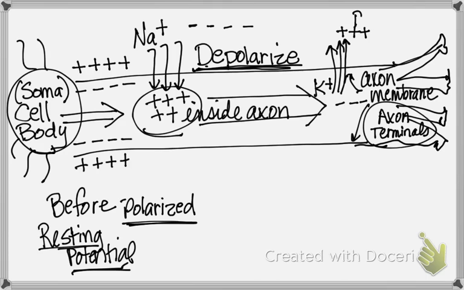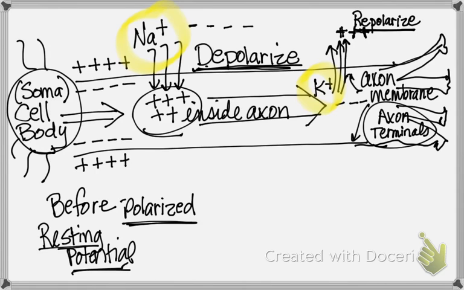This is called repolarizing. So at rest we have a polarized membrane. When the action potential slides down, an area becomes depolarized, and then to restore it, you pump the potassium back out, which will repolarize.